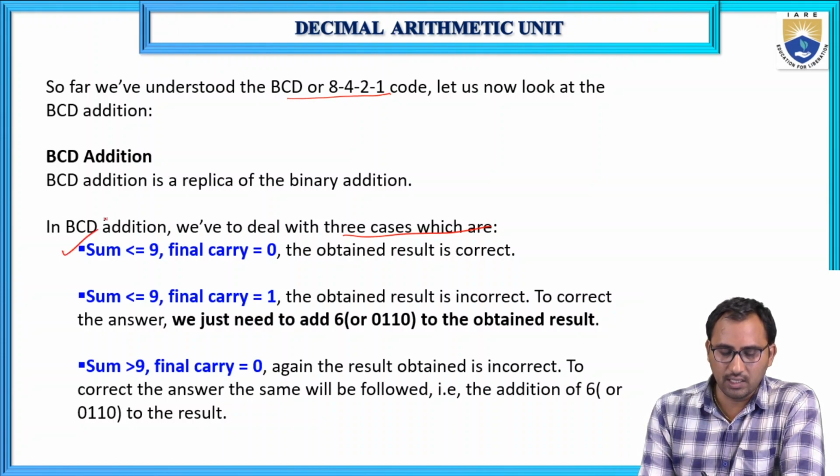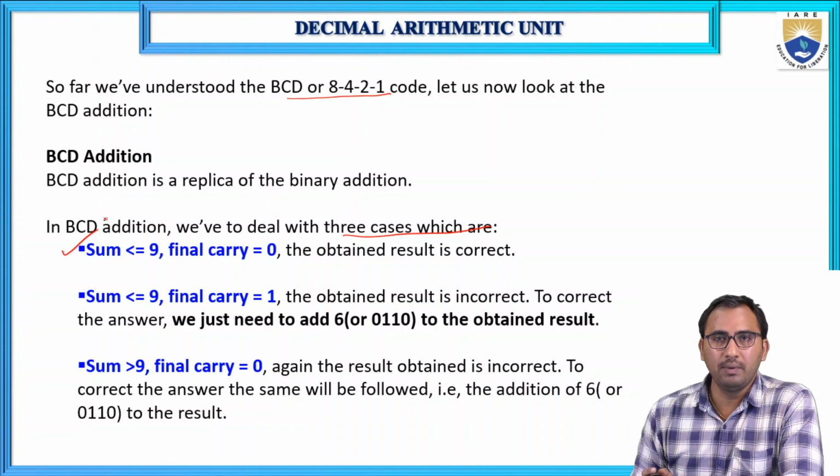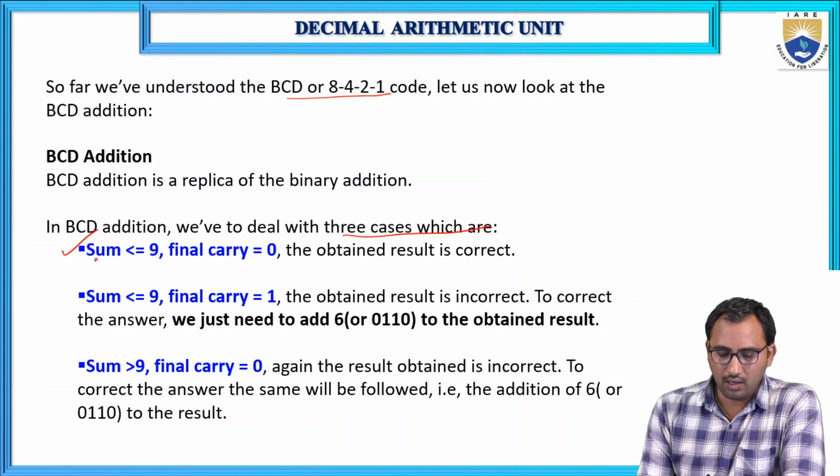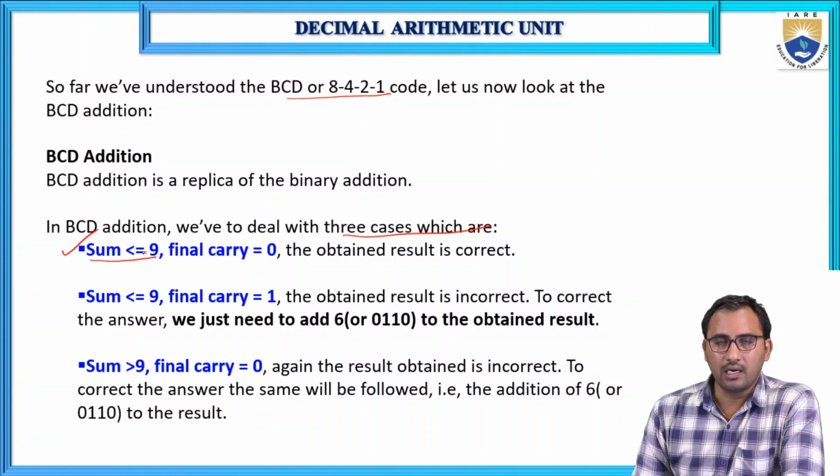The first case is after adding any two BCD numbers, if the sum is less than or equal to 9 and the final carry is equal to 0, then the obtained result is correct.